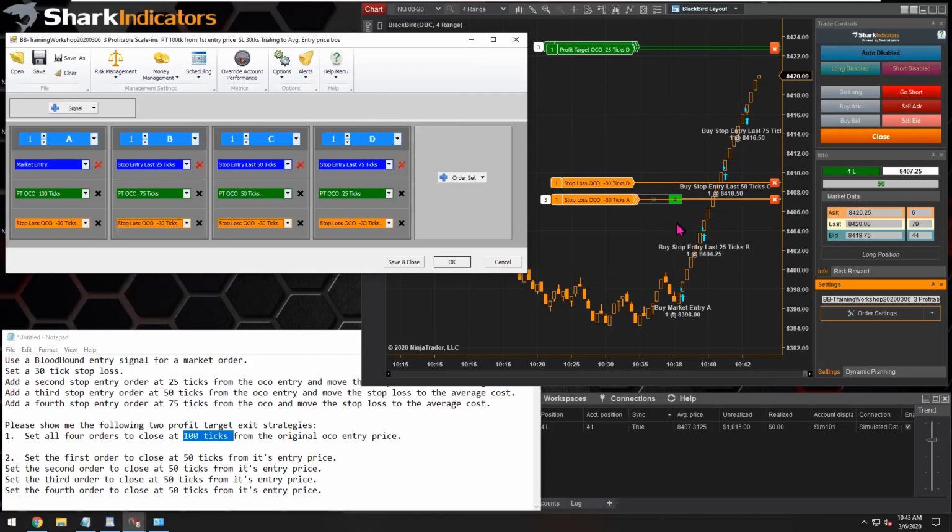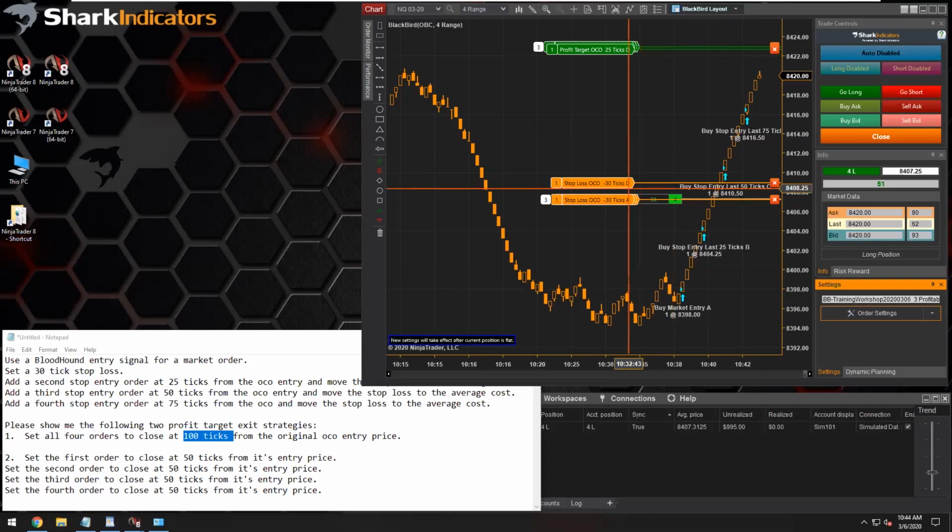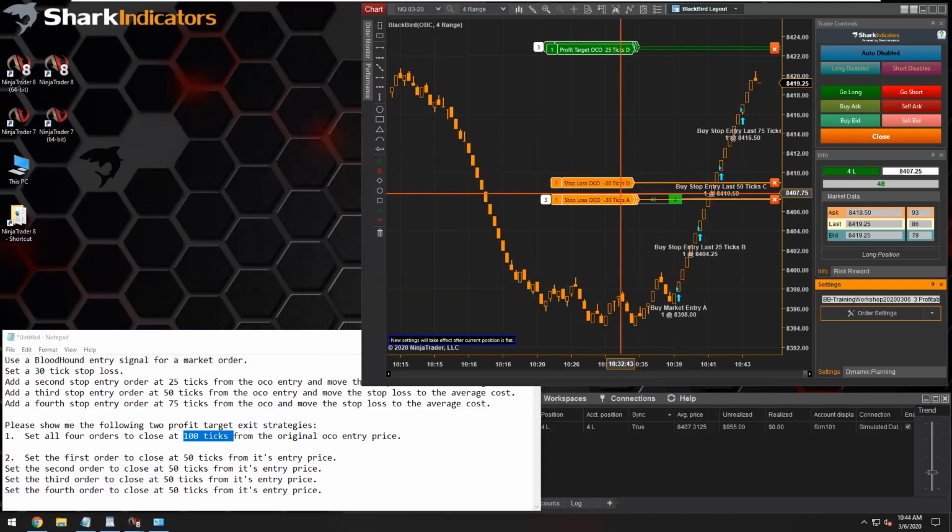And let's see here. Oh, interesting. So order D, look at here. Order D, and let me pause the market here for a moment. You notice here, order D, since our stop losses start off at 30 ticks, order D was actually above the average entry.